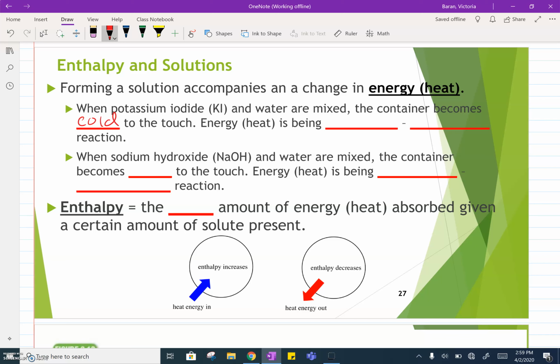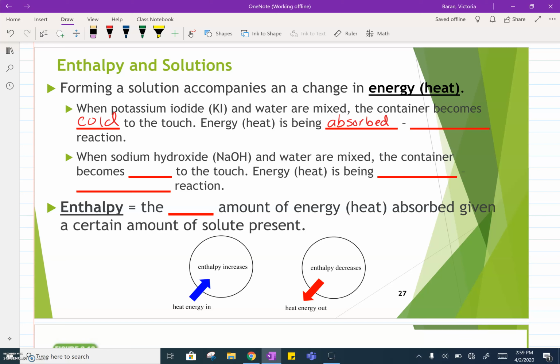And this is occurring because the energy or heat is being absorbed by the surrounding area. So that reaction that is occurring when the potassium iodide is mixed with the water is absorbing energy from the surrounding area.